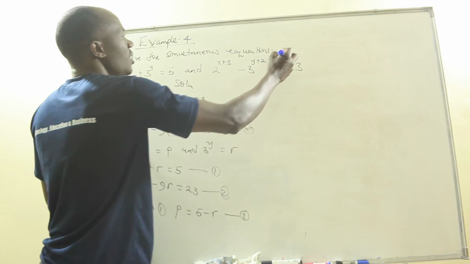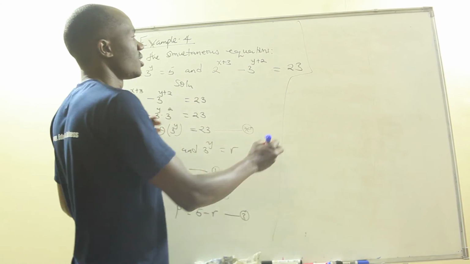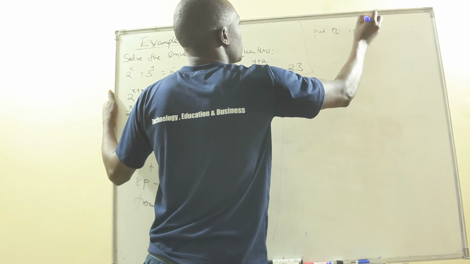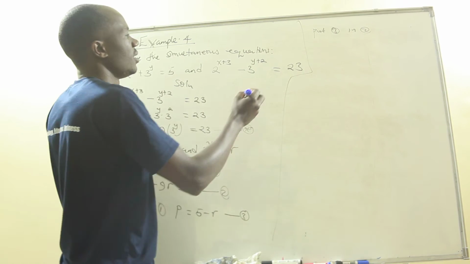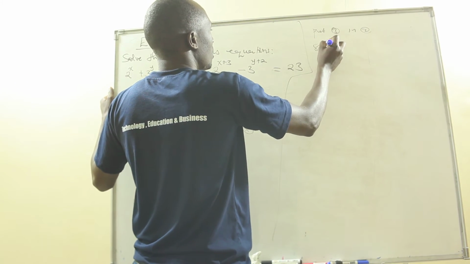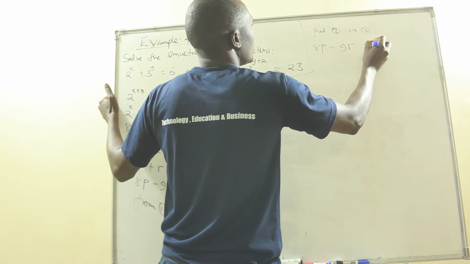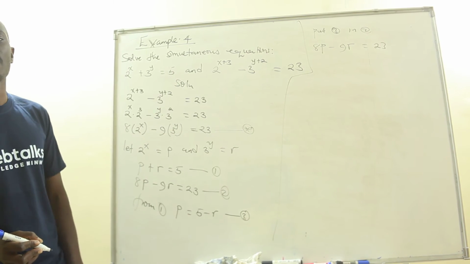Then I can put equation 3 in 2. How do you put that? It is 8p minus 9r equals 23. But we know our p is already 5 minus r.